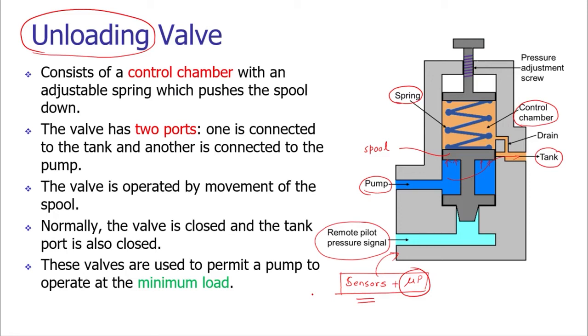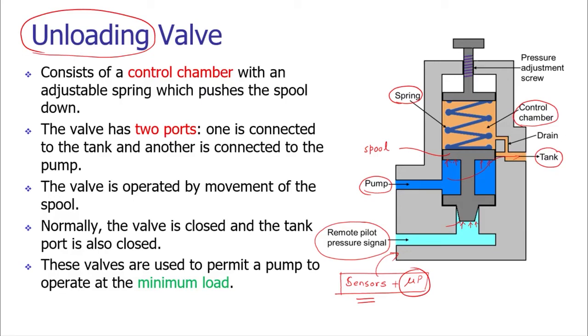As we have seen, pilot arrangement is nothing but an externally applied hydraulic fluid. A separate system is applying pressurized fluid at this location. So through this passage, by using the solenoid valves which are operated by the microprocessor, we are pushing the spool in upward direction.